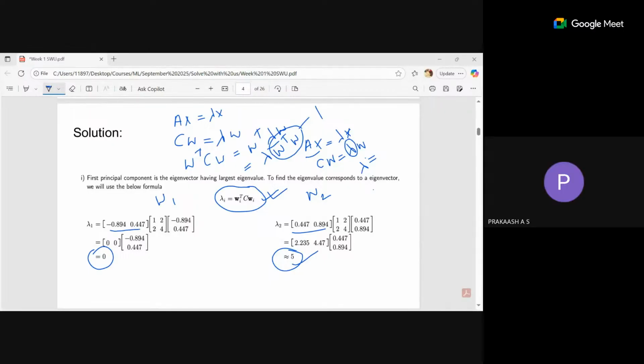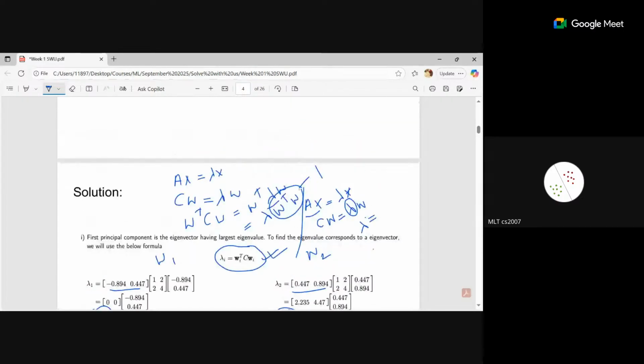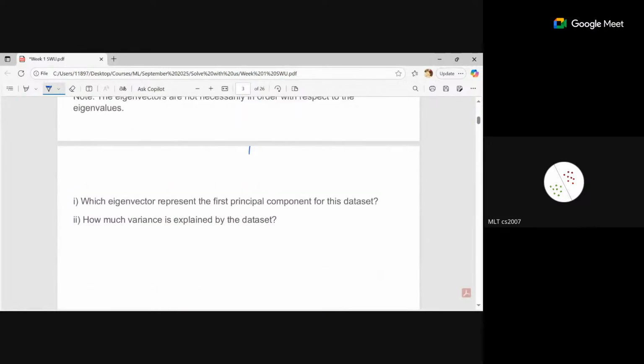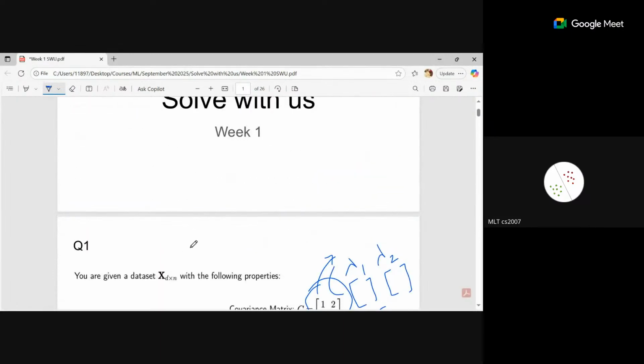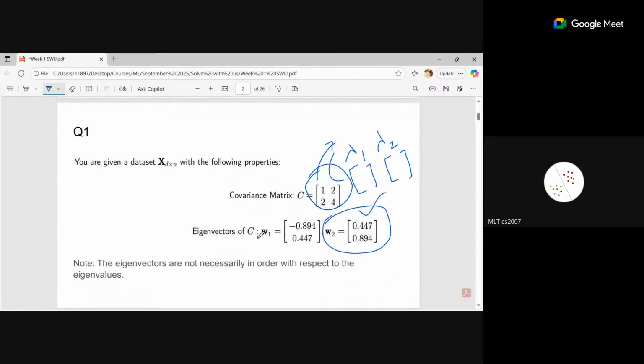Where is it mentioned? I told that verbally. It is not written, but if you try to compute the length of W, it will come out very close to 1, roughly 0.999 something.